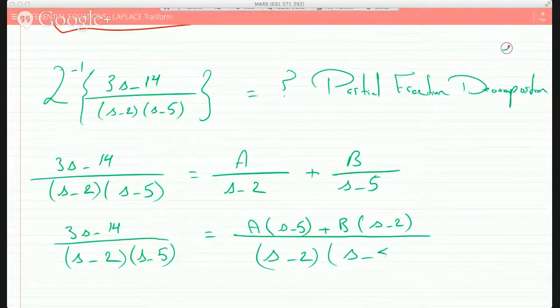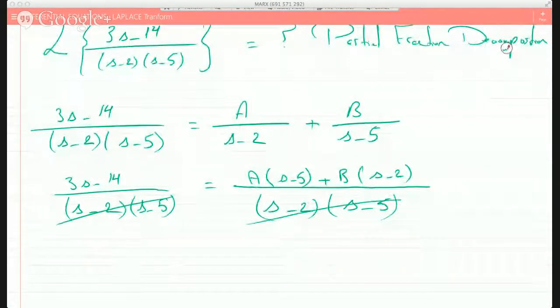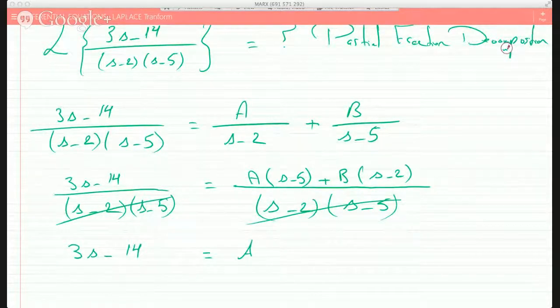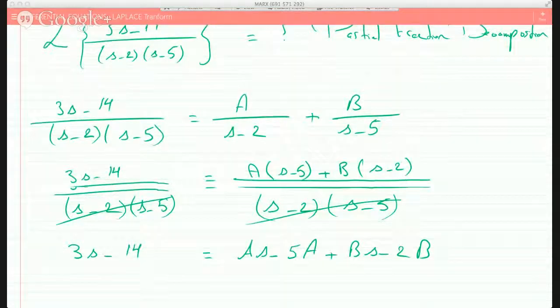So this is really algebra here. Because this class is way beyond algebra, I'm going to try to do the algebra in somewhat of a quick way. So the denominators go away, and then we have 3s - 14 equals As, you're going to FOIL now, minus 5A plus Bs minus 2B, and I'm going to collect the s's together.